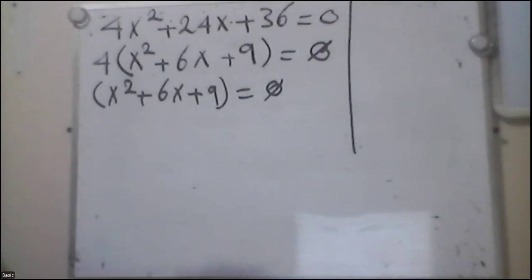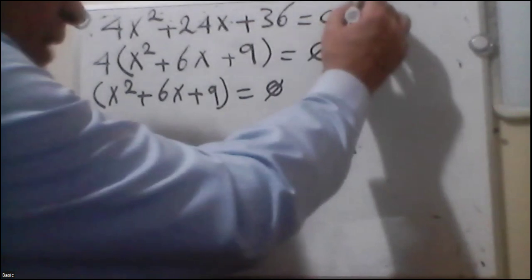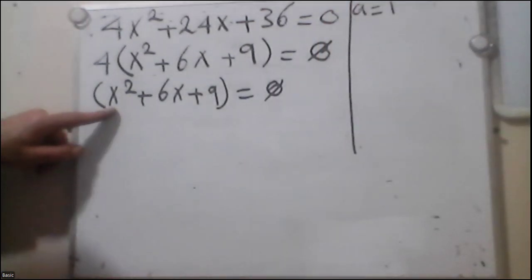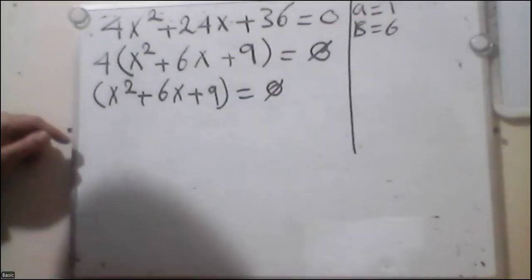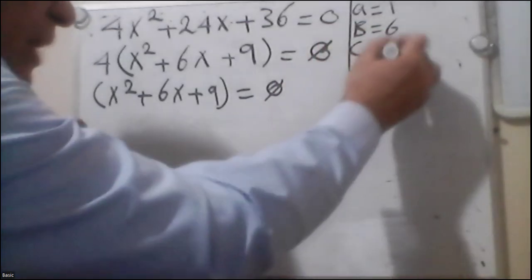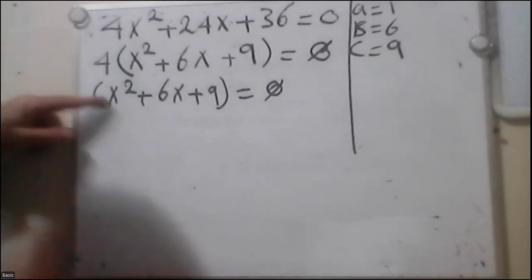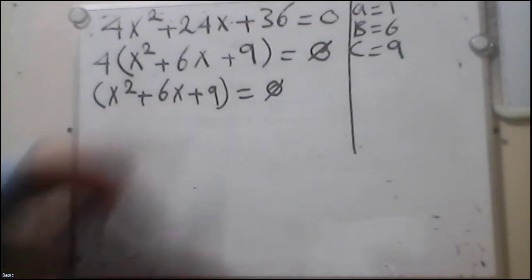So a will equal 1, since 1x squared means 1. B will equal 6, and C will equal 9.